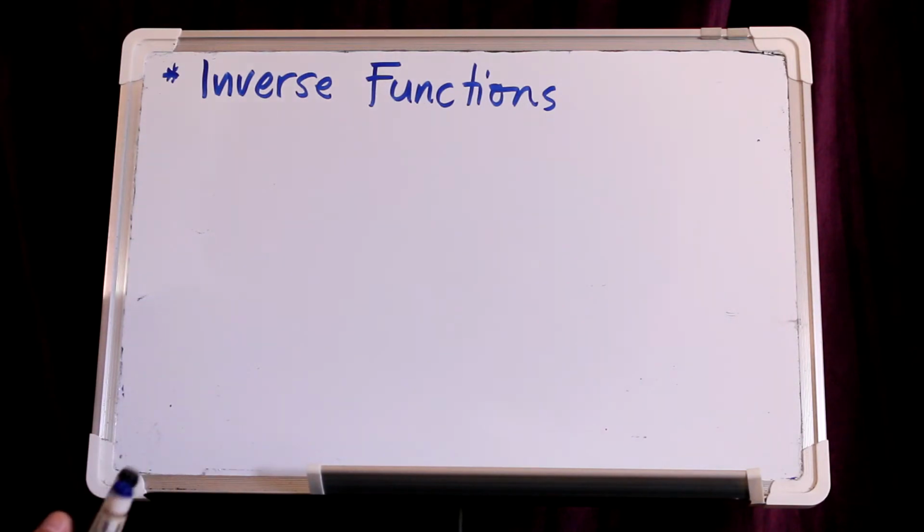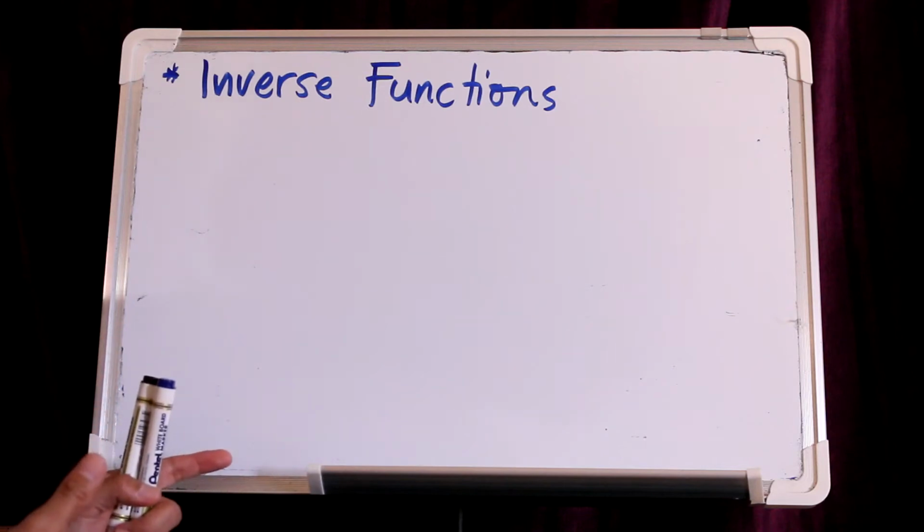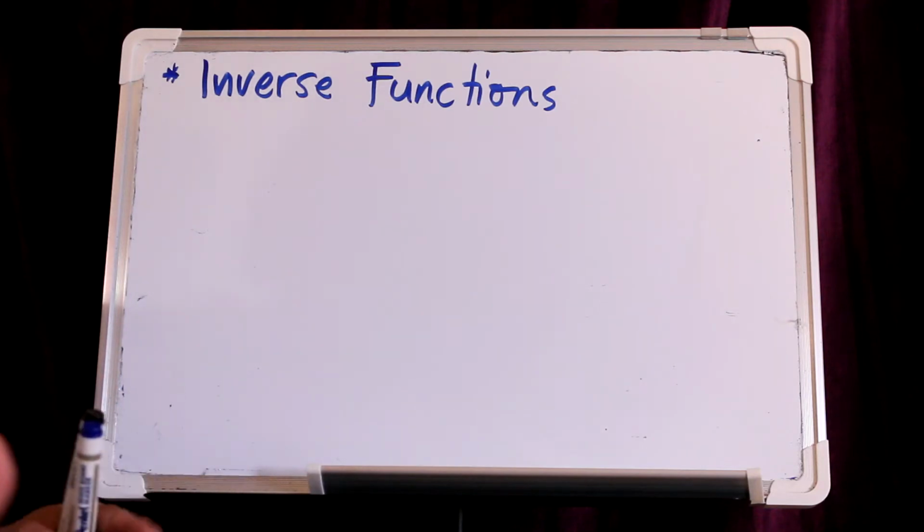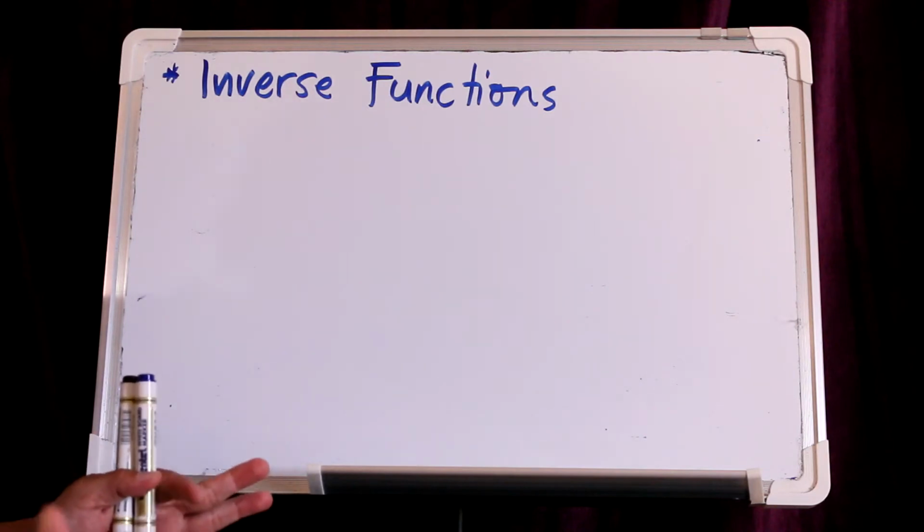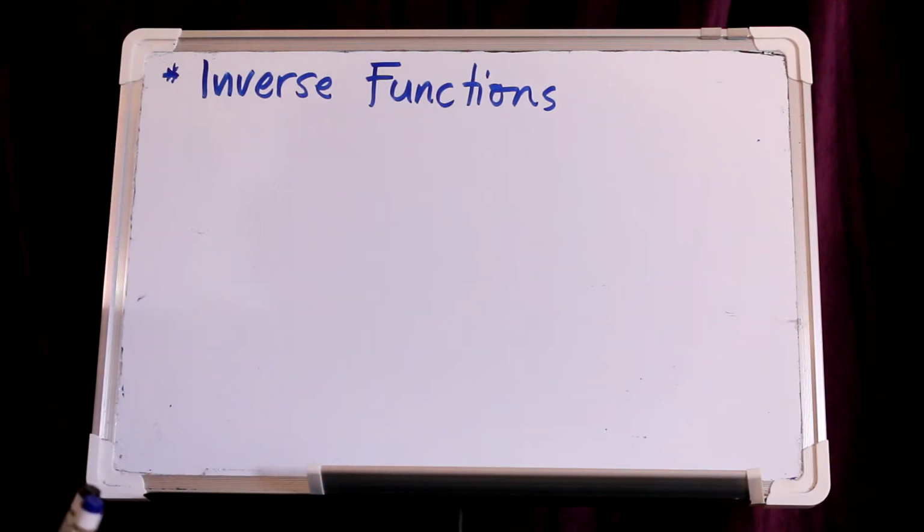Okay? So let's say you are given 30 minutes to walk, and then how many kilometers you are going to take for that. So that's the concept of the inverse function.